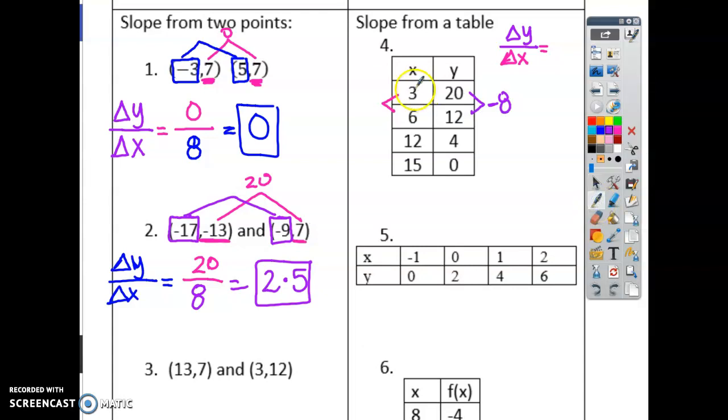And then this one, how much did this change by? From 3 to 6, it increased by 3. Subió 3. Right? So I'm going to put -8 divided by 3.